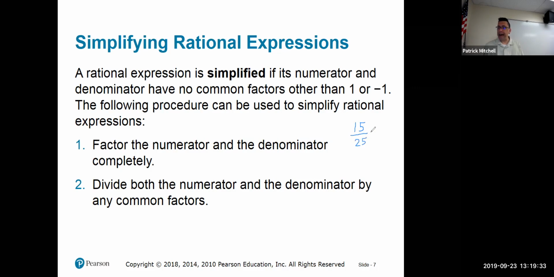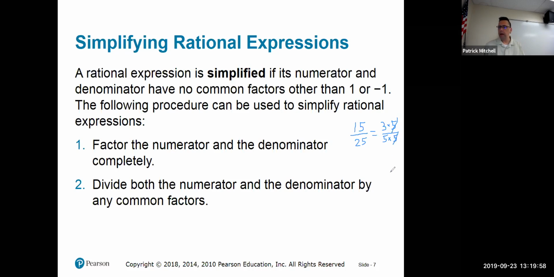So the common factor for 15 and 25 is 5. So even though most people taking trigonometry at least do not think about it in this much depth, what you're really doing when you simplify a fraction is you're identifying 5 as the common factor, and then you're dividing out the common factor.